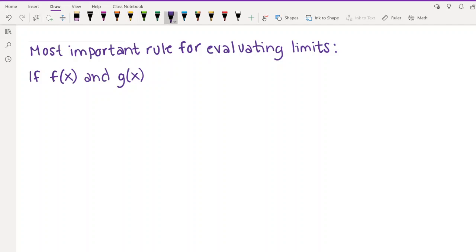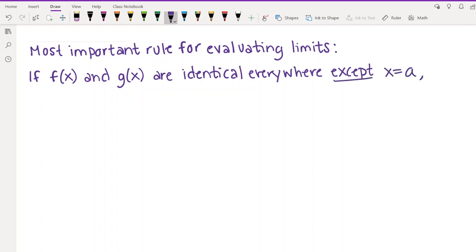But so if f of x and g of x are identical everywhere except at x is equal to a, then the limit as x approaches a of f of x is going to be the same as the limit as x approaches a of g of x.